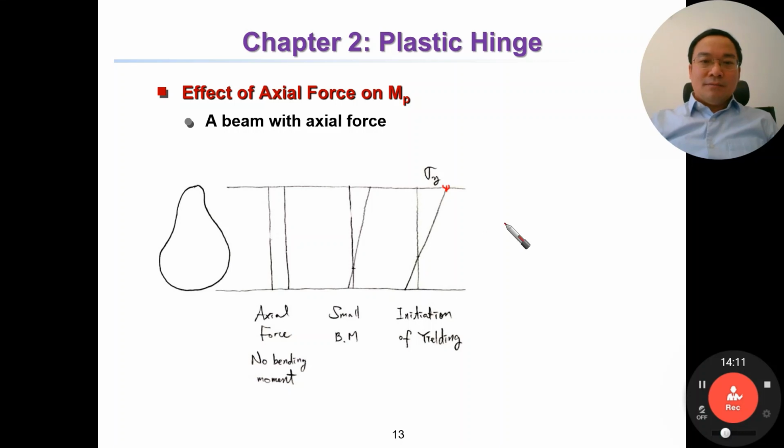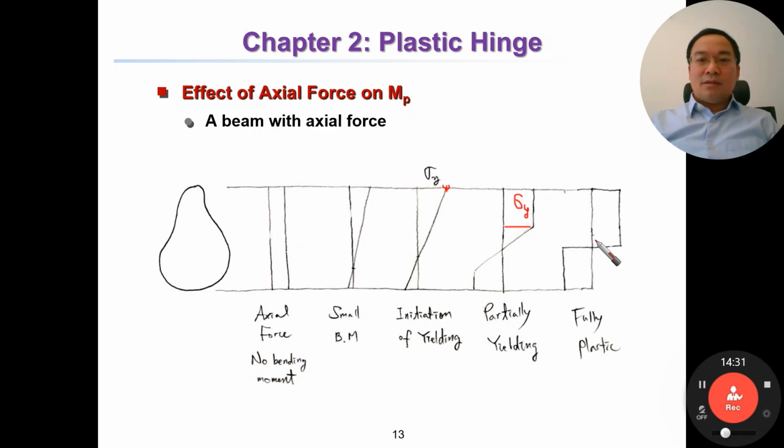Then if we keep increasing the bending moment, we have elastic-plastic: this part is plastic at sigma y, and this part is elastic. And if we keep increasing the bending moment, then we have fully plastic like this.